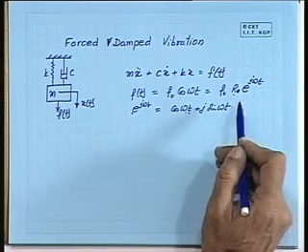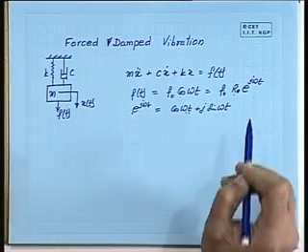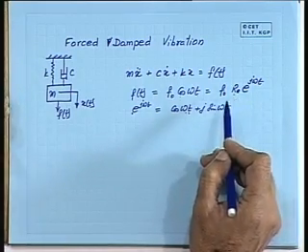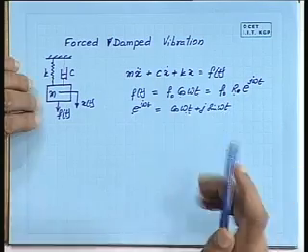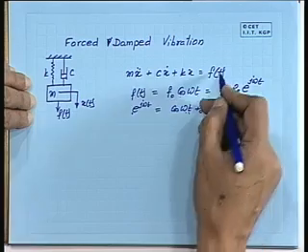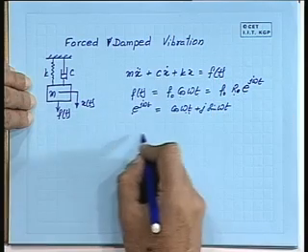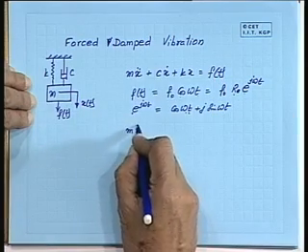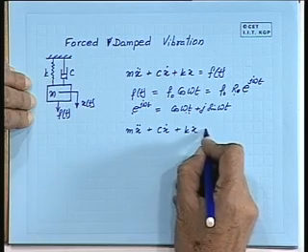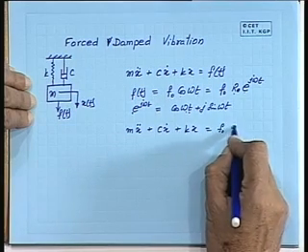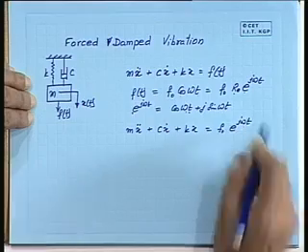But now onwards I will not write this Re because it is implied that I am basically concerned with the real part of it. So, writing this function here, I have m x double dot plus c x dot plus k x is equal to F0 e to the power j omega t.